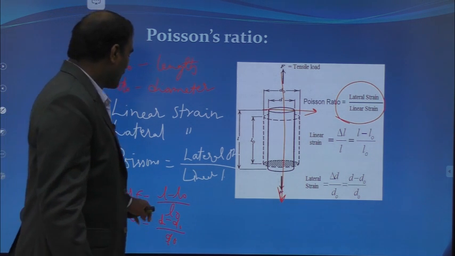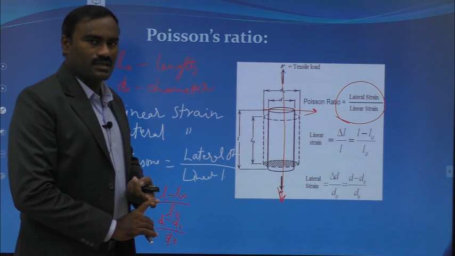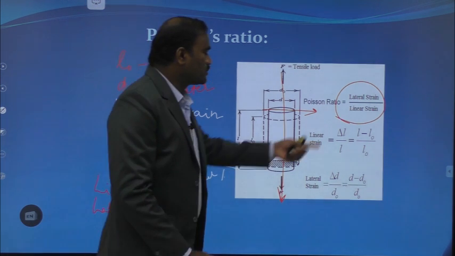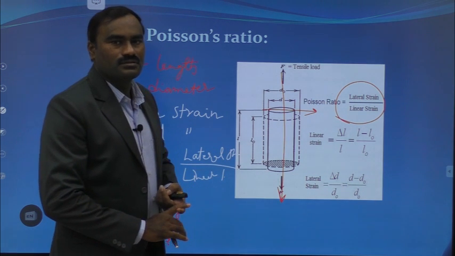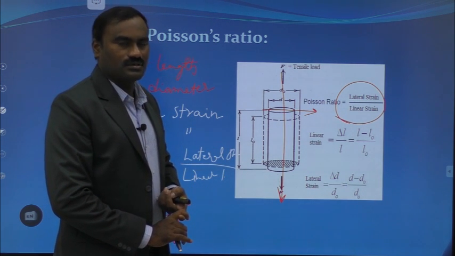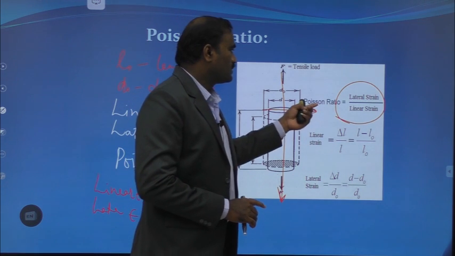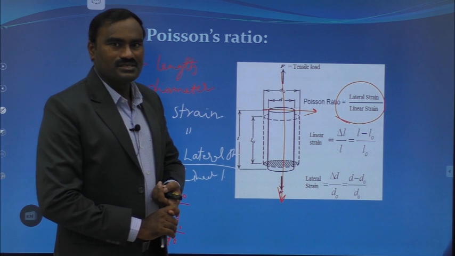That means there is a change in the length as well as a change in the cross sectional area. The ratio of these two strains is the Poisson ratio. The Poisson ratio is a number. It is nothing but the ratio of the lateral strain to the linear strain.